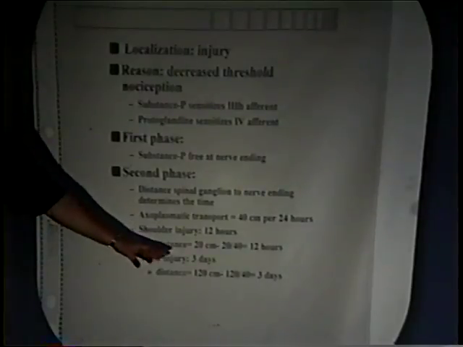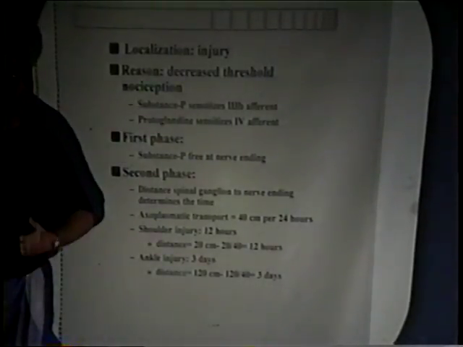Because the distance from the spinal ganglion to the ankle is 120 centimeters. Most of the time. With some people it's shorter, with some people it's longer. So 120 divided by 40 will be 3 days. And perhaps this is even handy because our legs are most of the time longer.